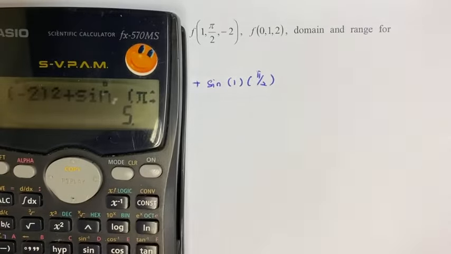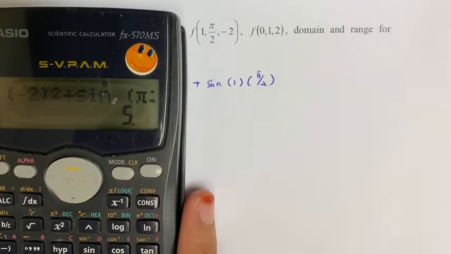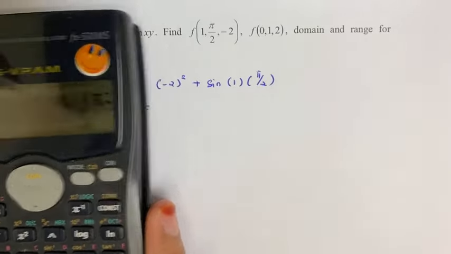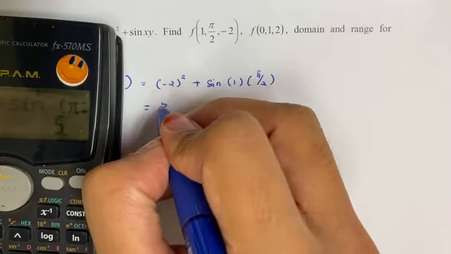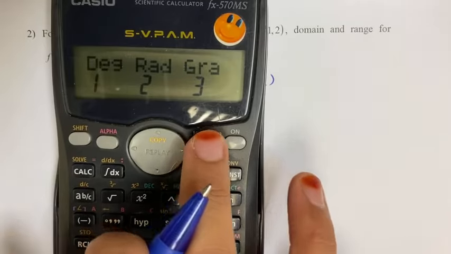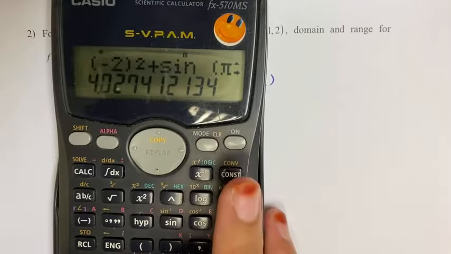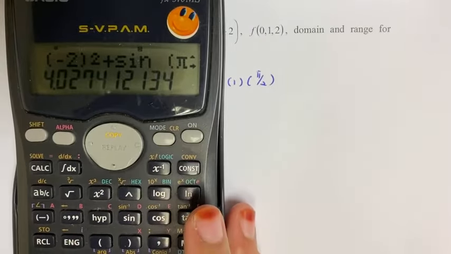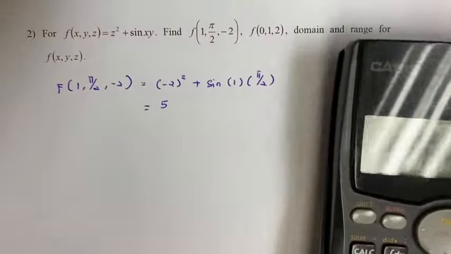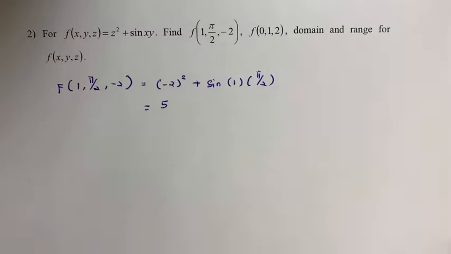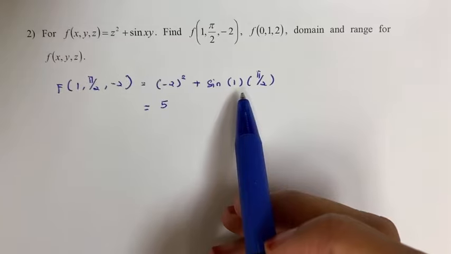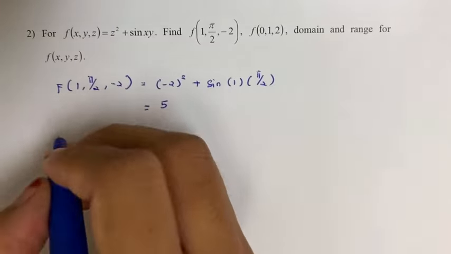Using radian, you will get negative 2 squared plus sine pi over 2 is equal to 5. But if you do this using the degree mode, the answer you get is 4.0274, which is the wrong answer. So if you want to find the value for sine, cos or tan, make sure your calculator mode is in radian. So this is 5.